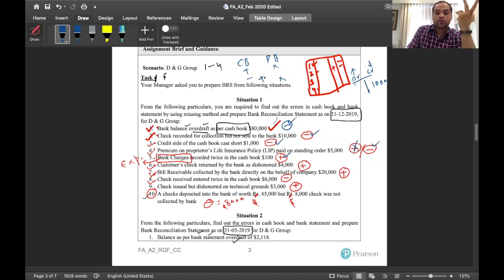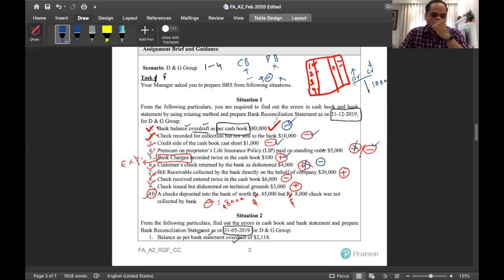So to make the balance equal, I have to minus. So number 6, this is wrong. Minus, right?